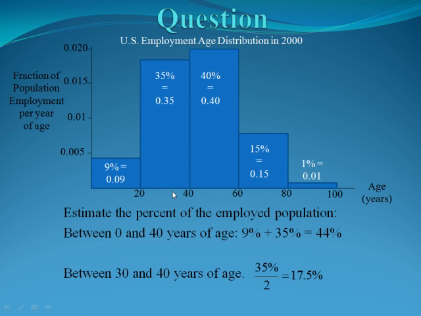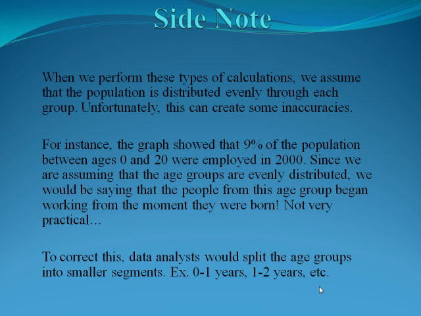So here, the total block is 35%, and so 30 to 40 would be exactly half of 20 to 40, and half of 35 is 17.5%. So again, we assume that the population is distributed evenly through each group.